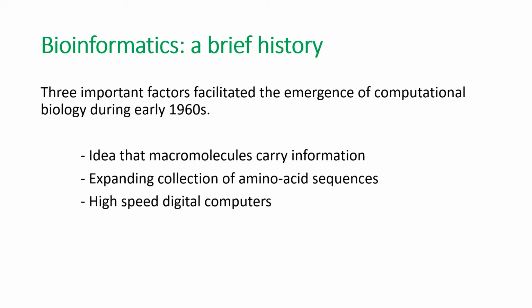Though they were not high speed compared to the computational speed we have today, there were computers at that time, and they were getting better day by day. So these three are the main points that facilitated the emergence of this field in the 1960s.